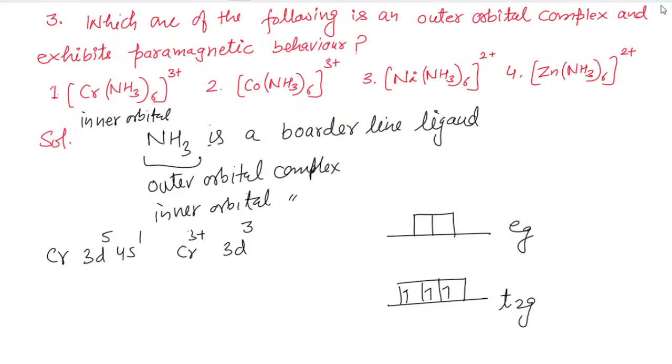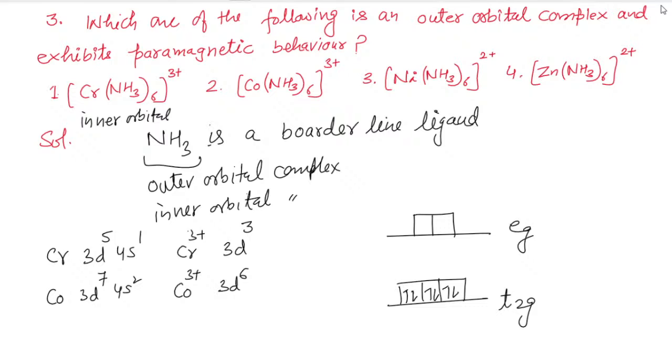Now come to cobalt. Cobalt is 3d7 4s2. So cobalt 3 plus is 3d6. If these 2 electrons come here, it becomes t2g6, most stable.